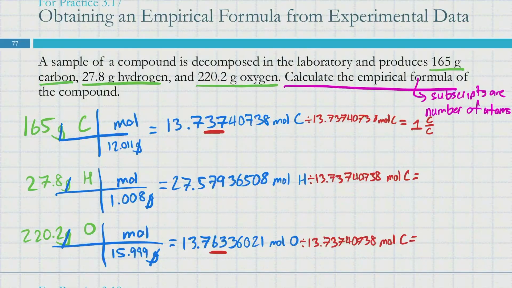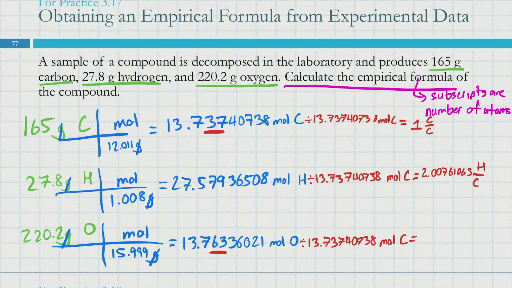The rest of these we get to put into our calculator. And this is where it's really nice if you've got the TI-36 or another calculator where you can click up and highlight the number, press enter. It pulls that whole number out and saves you a bunch of time typing numbers in. Okay, so for this middle one, we get 2.0076163 hydrogens for every carbon.